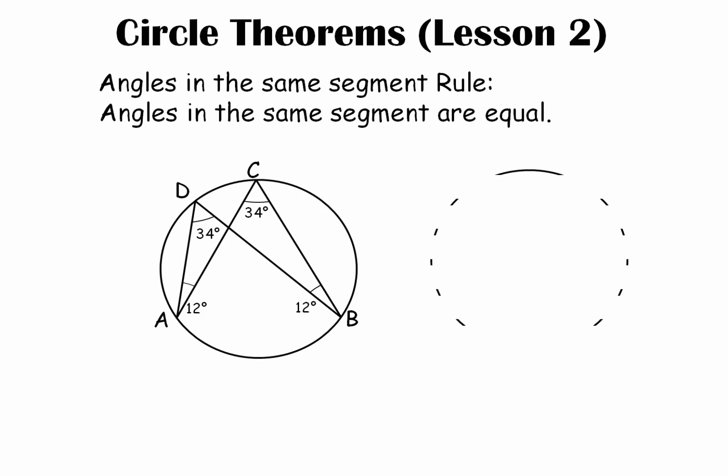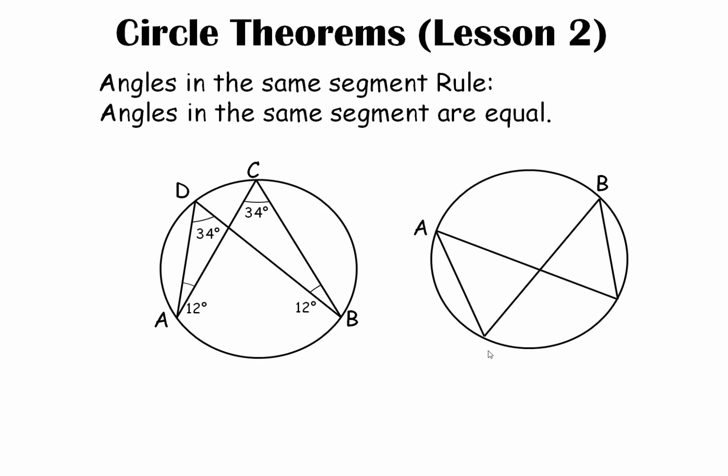Let's see another one. If we have this circle and we draw these two angles, and we are considering points D and C as the points where we would draw our chord, the arc DC will form the minor segment, and the arc DABC will form the major segment.